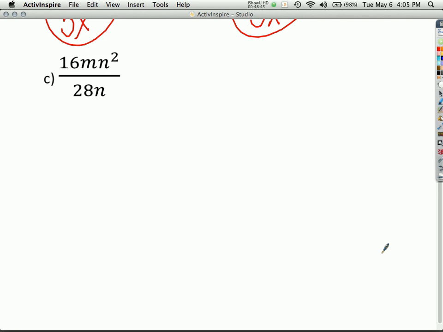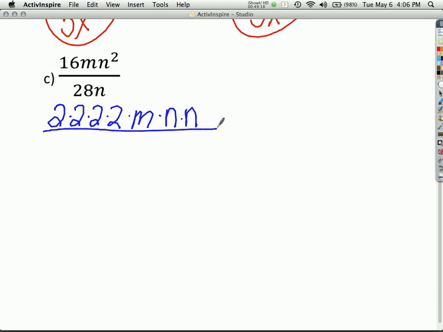Part C. So now we need to split the top up, and then we need to split the bottom up. What can the top be split up into? DeAndre? 2 times 2 times 2 times 2 times n. Perfectly said. 2 times 2 times 2 times 2, that's the 16, times m, because there's one of them, times n, because there's two of them.